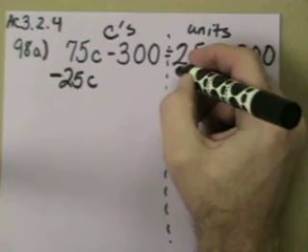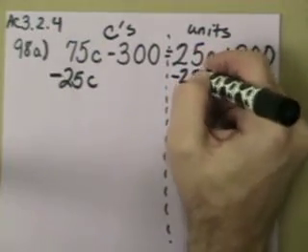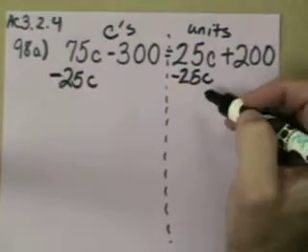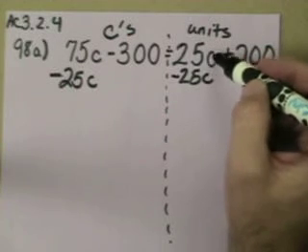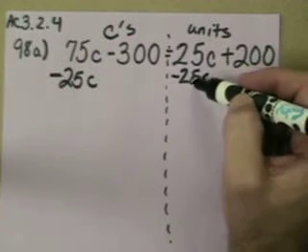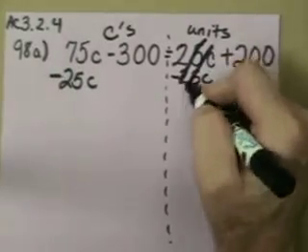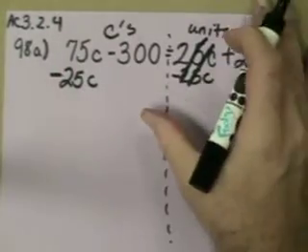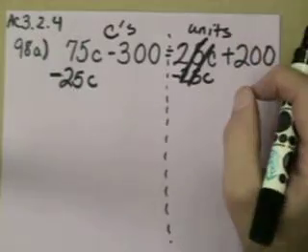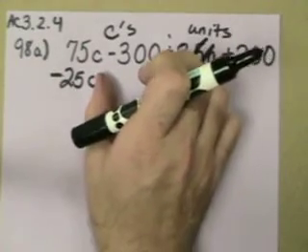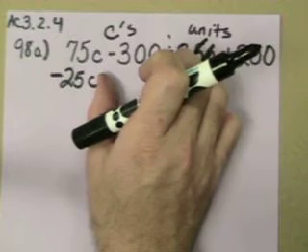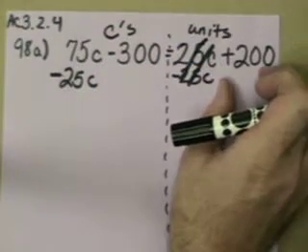Just for writing right now, go ahead and put a minus 25C under the one that you've already done on this side, because I just want you to see something. 25 C's take away 25 C's will give you 0. I'm going to mark through it to represent that I've gotten rid of that on that side. Now, how do I get these negative 300 unit tiles from this side to over here?